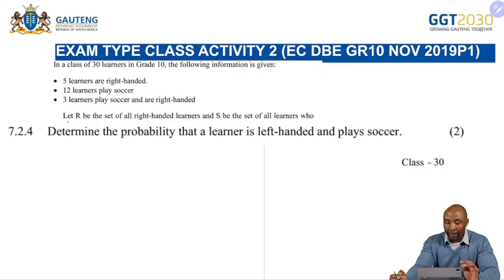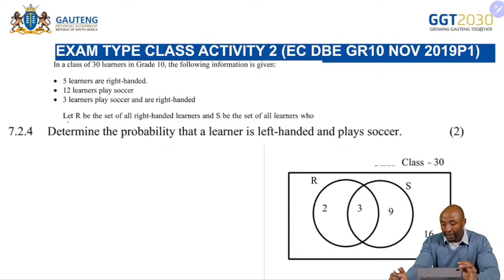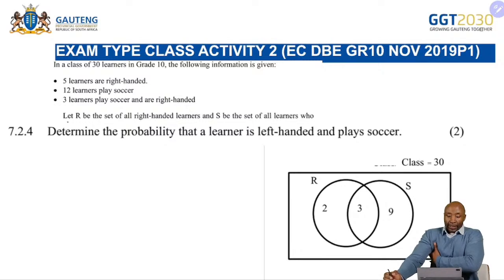It says, determine the probability that Elena is left-handed and plays soccer. Remember our Venn diagram. Under playing soccer, we have 9 learners that are playing soccer only, and they are not right-handed.